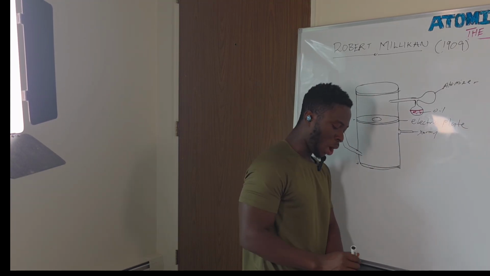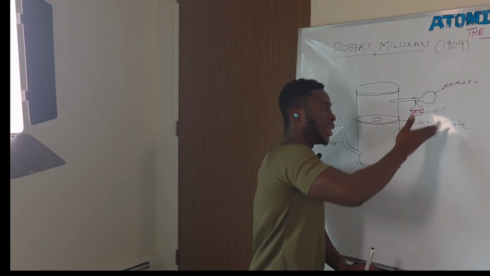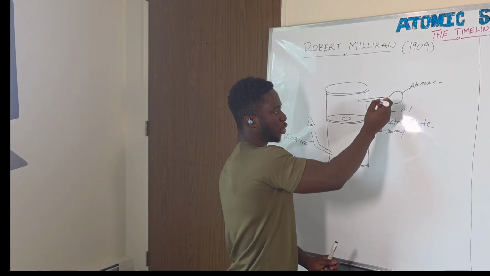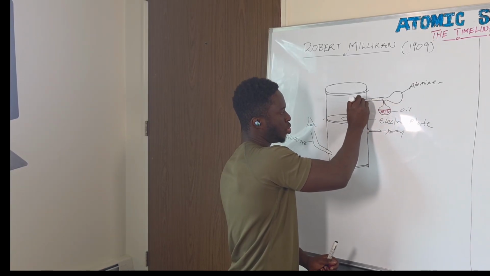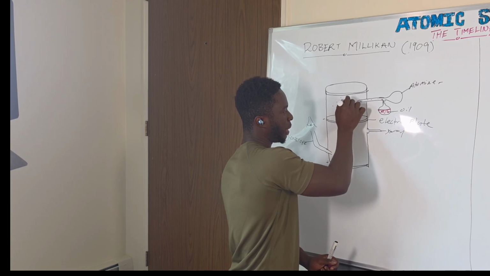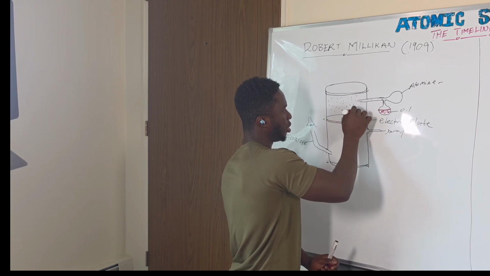So now, what Millikan did was that he would spray the atomizer into this chamber. And when he sprays it into this chamber, the particles split and then come here.